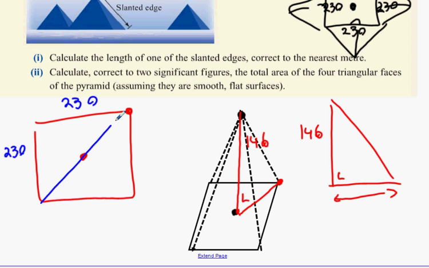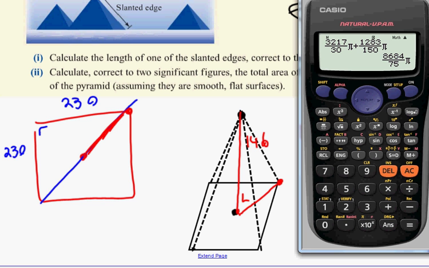I'm going to find this length here. How do I find that length there? Pythagoras. Half the distance, and I'll get here to here. So Pythagoras said 230 squared plus 230 squared, square root the answer.